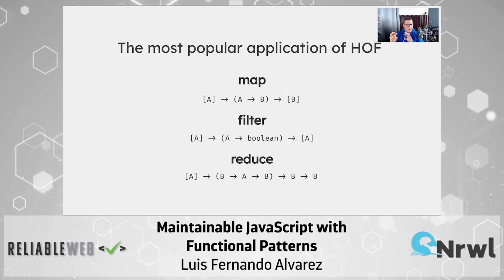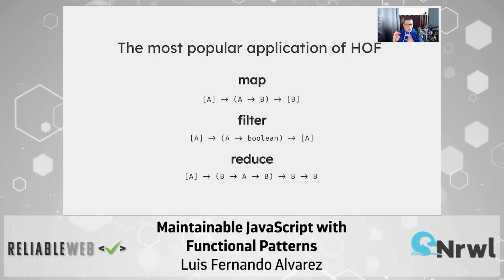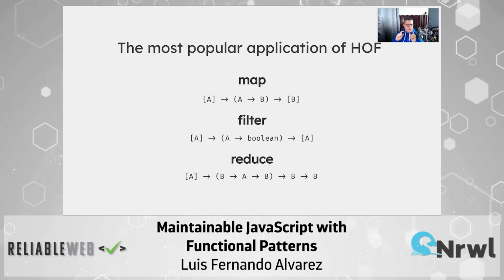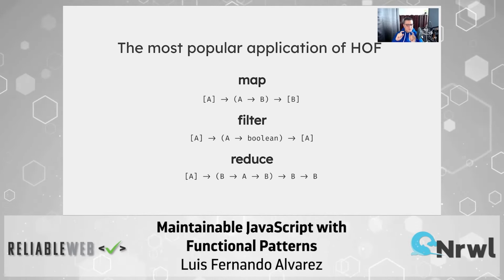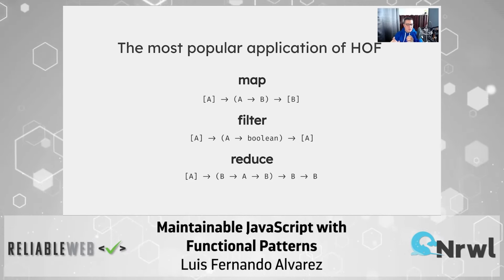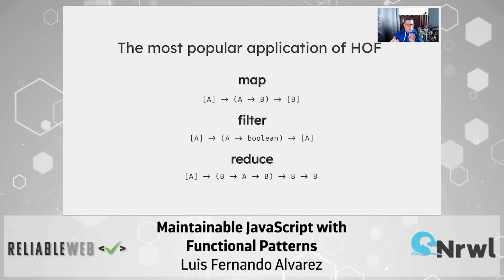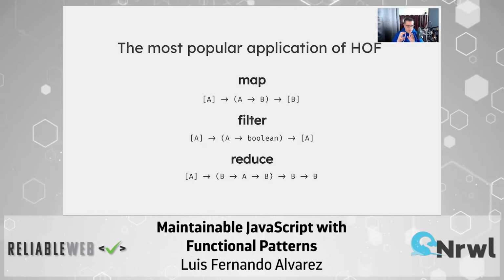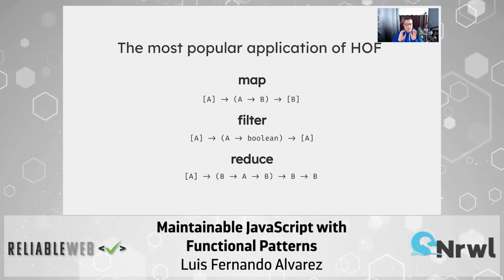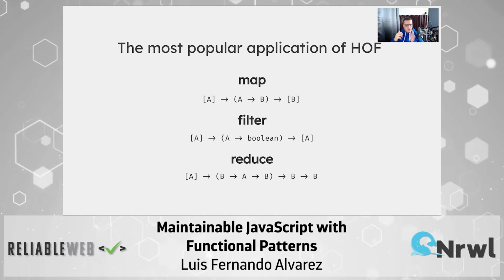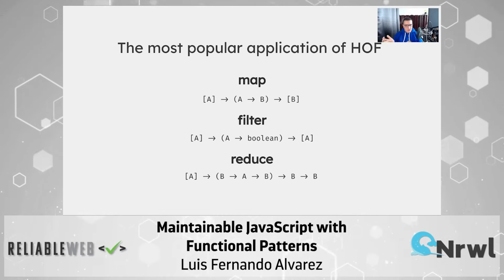What it does is play with those two values and return a value of the type of the accumulator. And then the third argument for reduce is usually the initial value of the accumulator. And after the final arrow, we can see that it's of type B, which is the same type as the accumulator and the initial value of the accumulator.